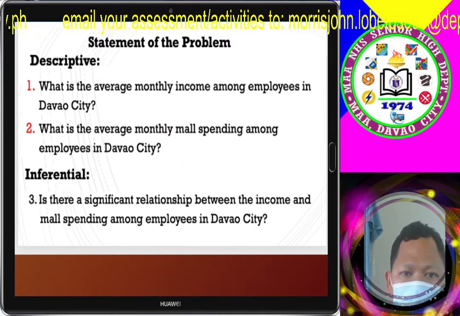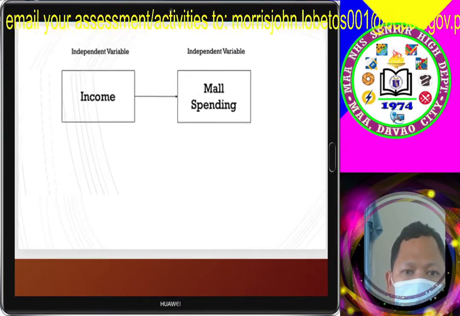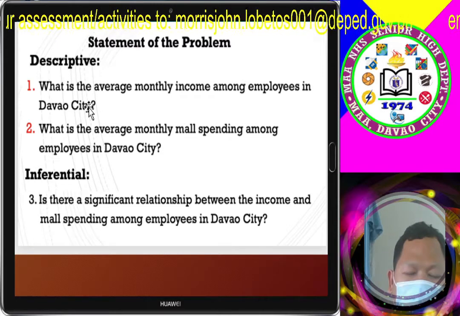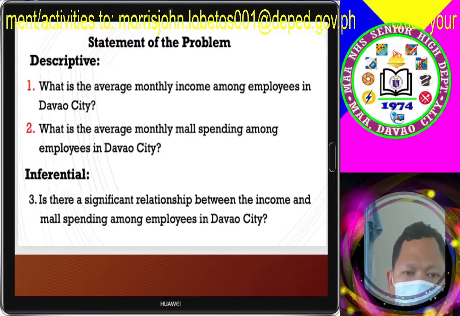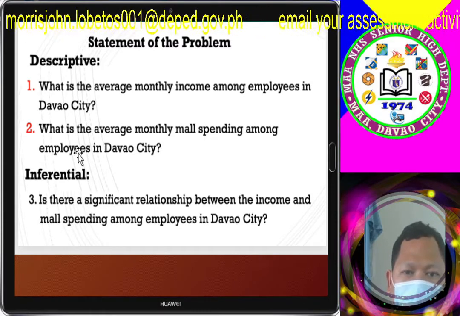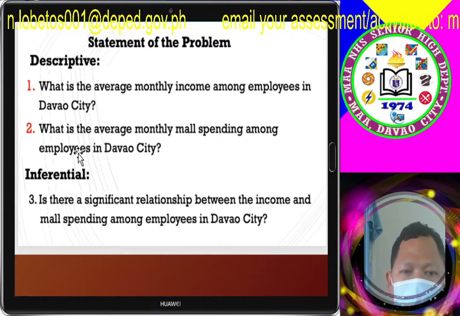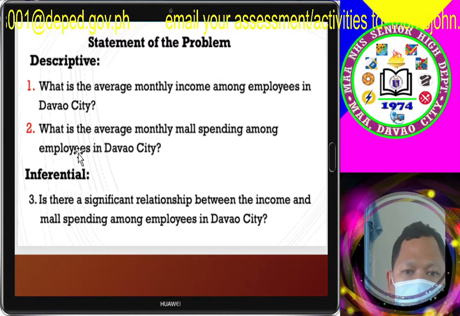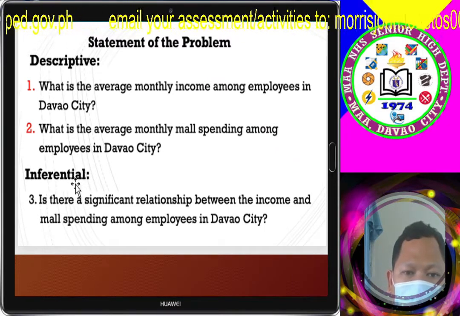This is an example of the SOP based on this conceptual framework. Number 1, what is the average monthly income among employees in Davao City? Number 2, what is the average monthly mall spending among employees in Davao City?